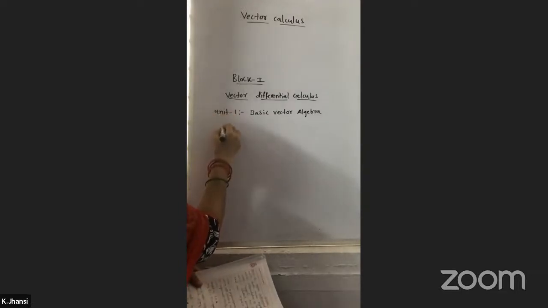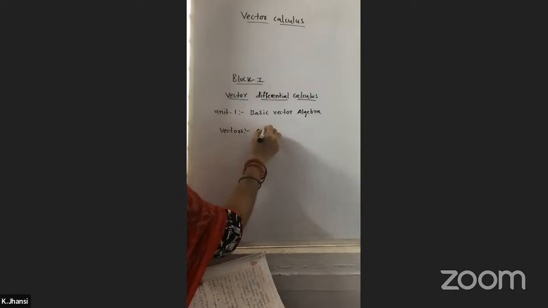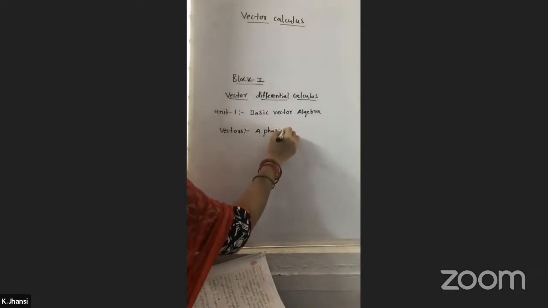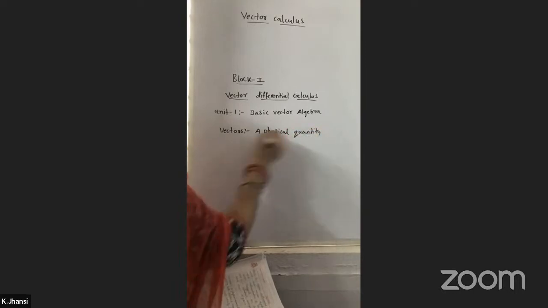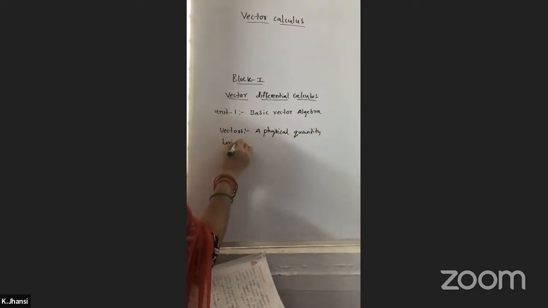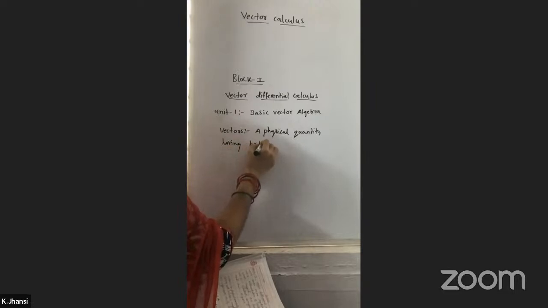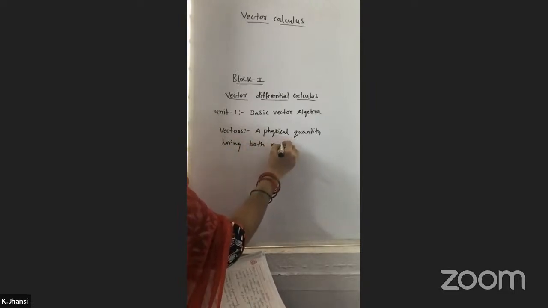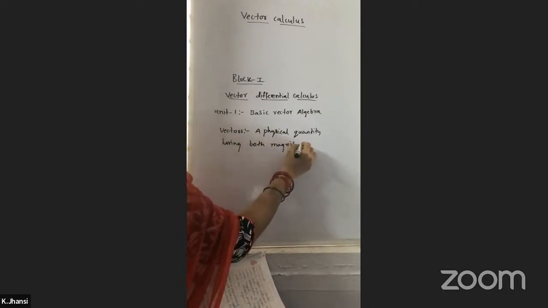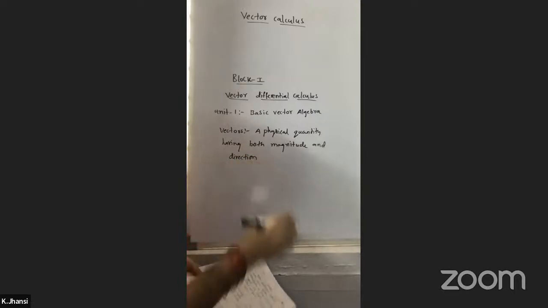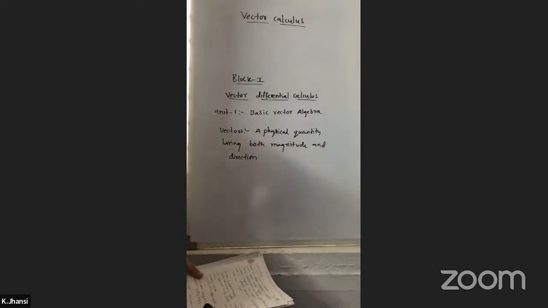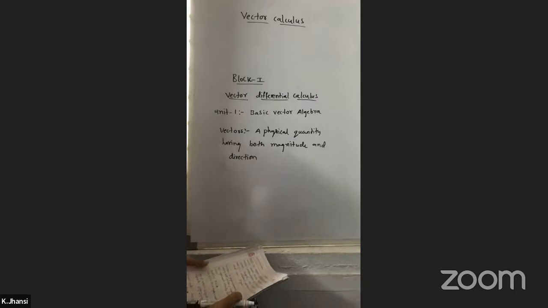So vectors are physical quantities having both magnitude and direction. Those are called vectors.